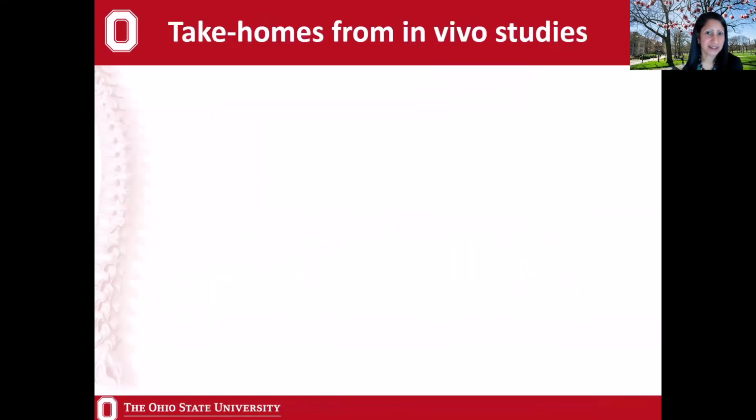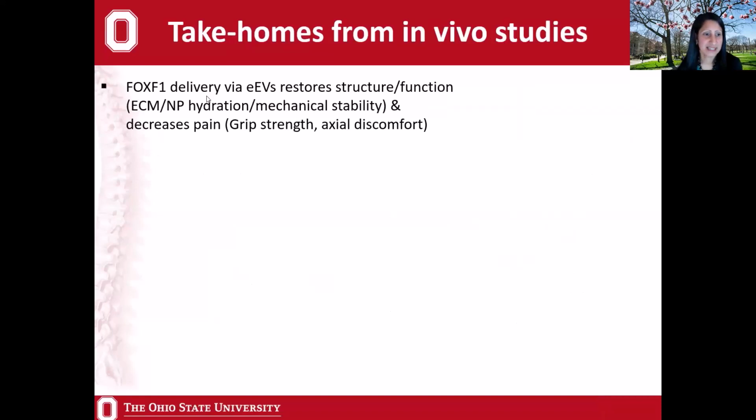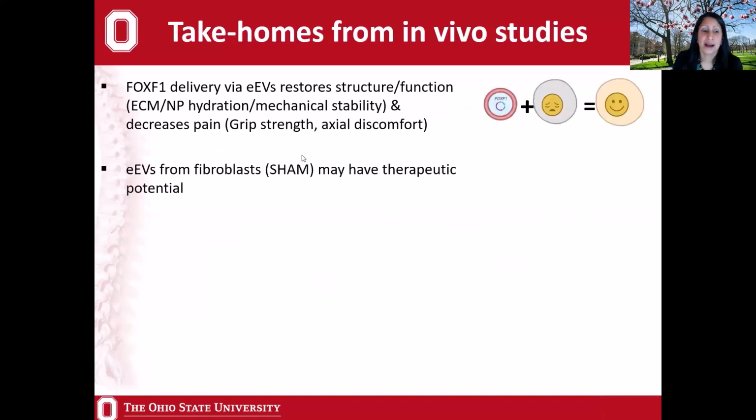So in terms of take-home messages from our in vivo studies, we see that FOXF1 delivery by these engineered extracellular vesicles can restore structure and function. And we looked at matrix, NP hydration, mechanical stability, and also decreases in pain. We also saw an interesting effect with our sham EVs.